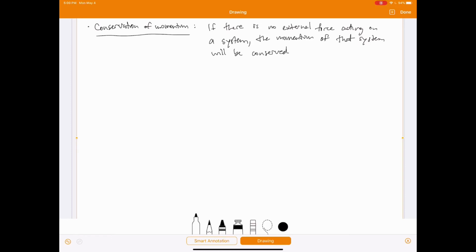And in this case, when we say conserved, we just mean it's not changing over time. So the momentum is just a constant. It has the same value regardless of when we're looking at the system.